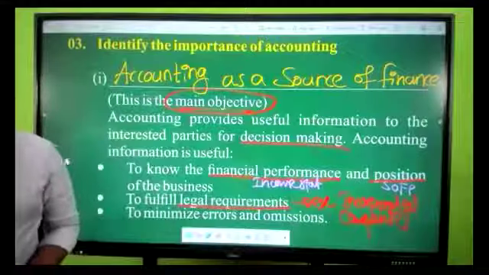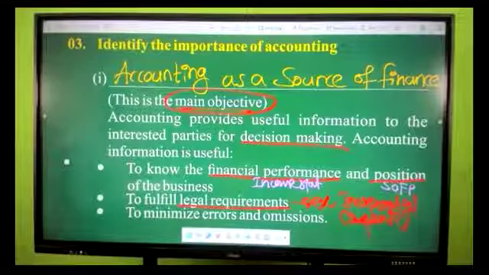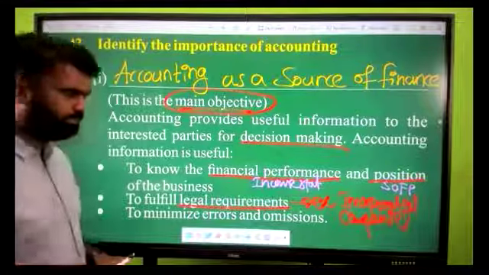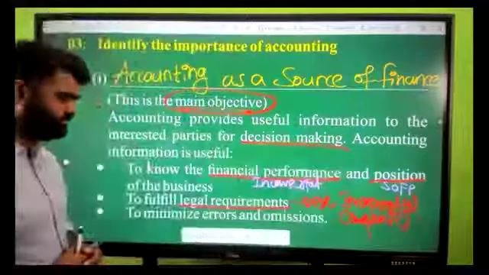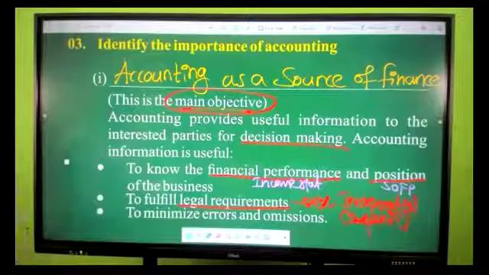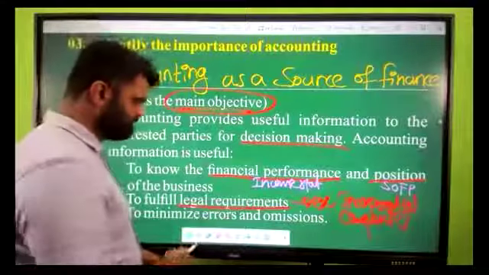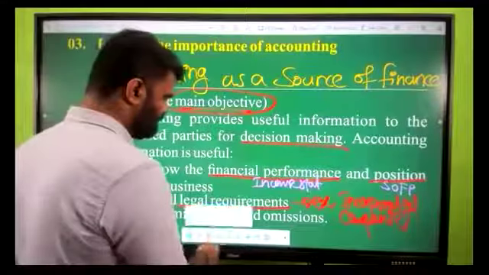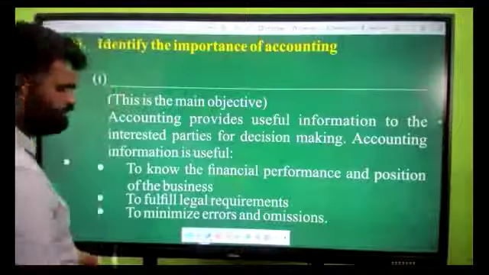Businesses like incorporated companies should prepare financial statements and submit them to the company registrar. Then only they can get permission to do business in the next year. If not, their board will be penalized. Then to minimize errors and omissions, especially in the double entry system, we can reveal so many omissions.